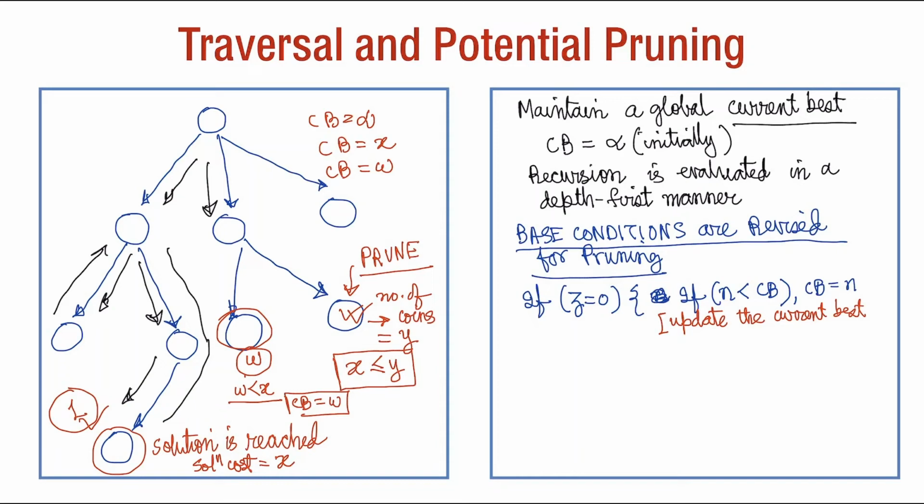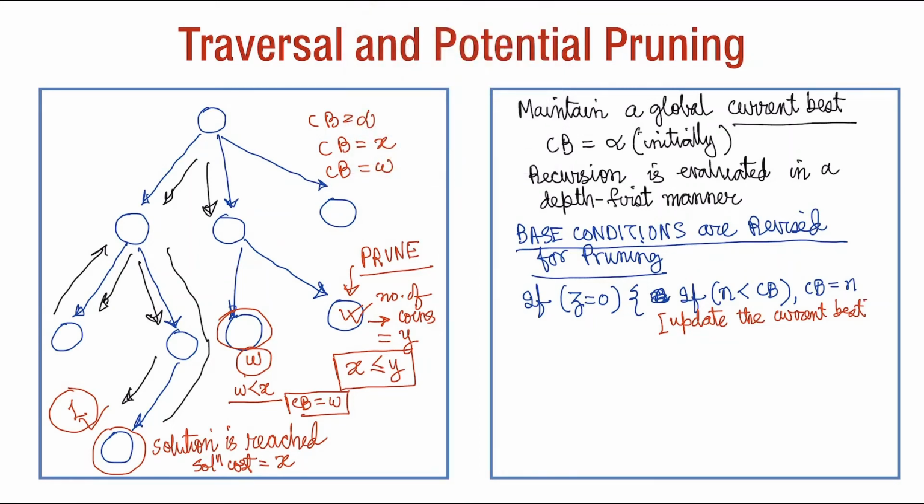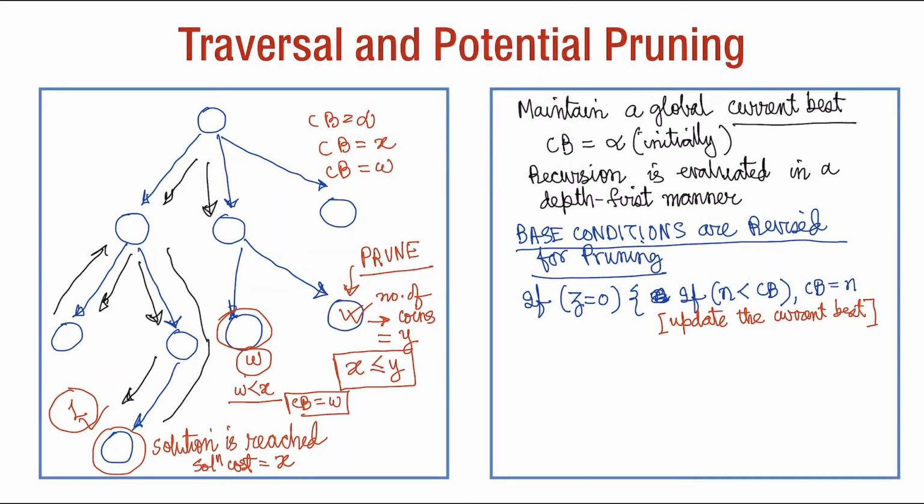And so we have updated the current best, and then we return S n as before.